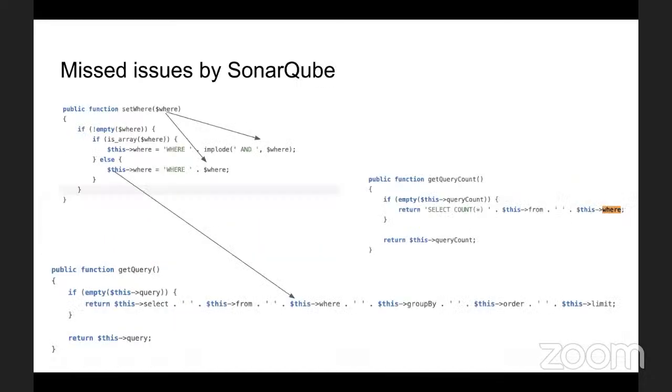But not all security problems were found using SonarQube. For example, we found that it is possible to make SQL injection using these parts of code. You can see that in the set where function, data is not checked and just put into the query to the database, and then it can be used.